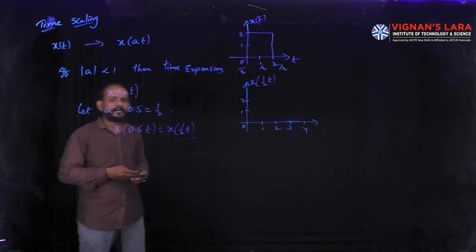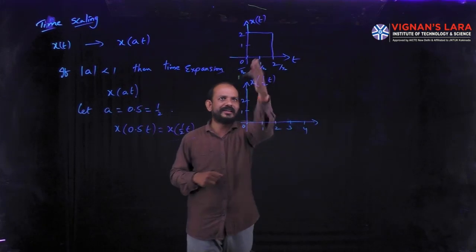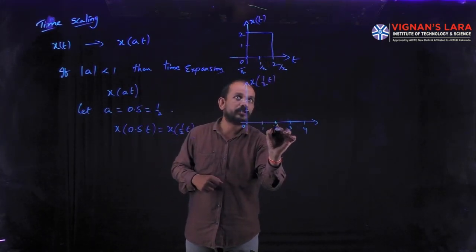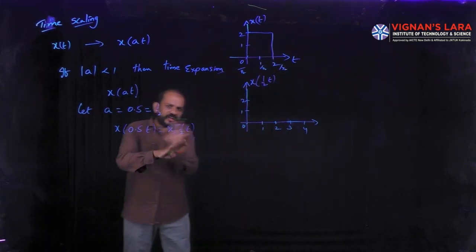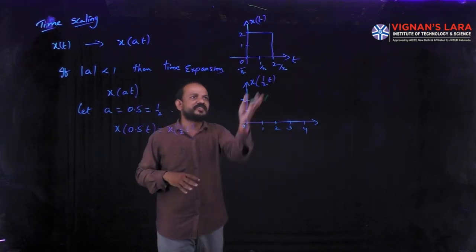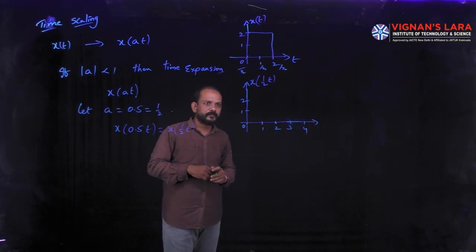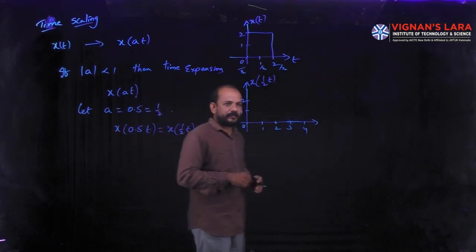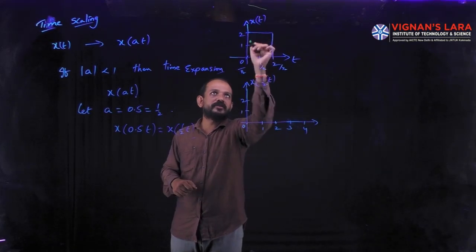1 by 0.5 is 2, or 1 divided by 1 by 2: the 2 goes upside, and 2 into 1 is 2. So at 2, the amplitude is 2, because here also there is no change in amplitude. Only the change is with respect to time. Now see, here there is 2 and the amplitude is 2.